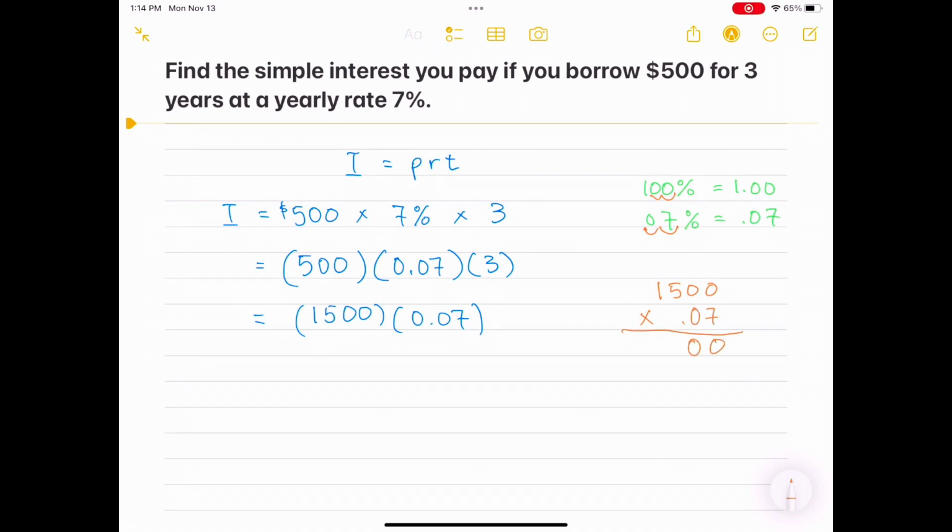Always be sure to double check your figures when you are doing these side calculations, and make sure you give yourself plenty of space on your paper so that you can spread out your digits and write the numbers clearly. So 1,500 times 0.07 equals 105. So the interest is $105. And we box our answer.